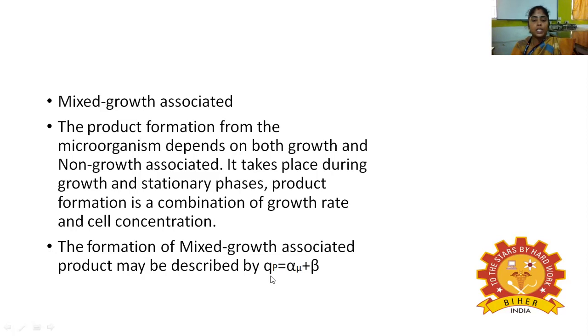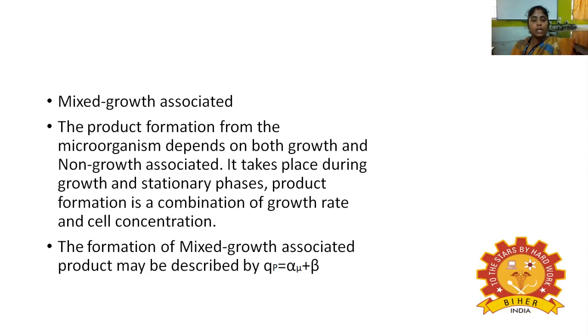Here the specific product formation rate QP can be written as alpha mu plus beta. Alpha mu is the growth associated specific product formation, and beta represents the non-growth associated product, which is not directly proportional to the cell mass concentration. So QP is a mixture of growth associated and non-growth associated, that is, alpha mu plus beta.